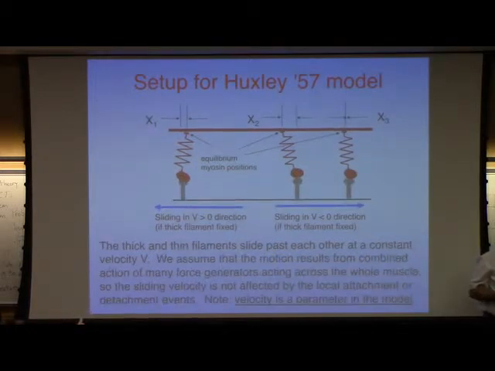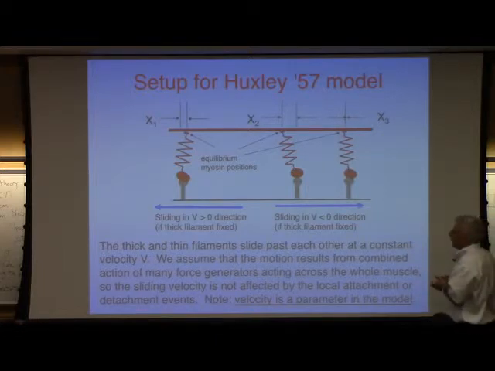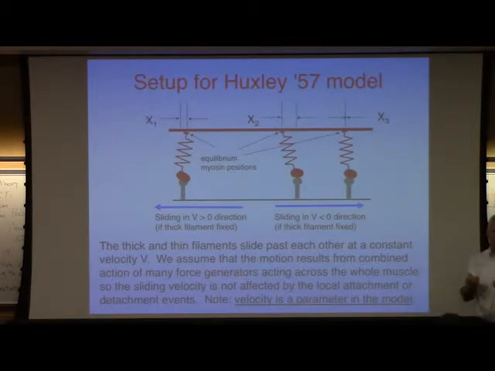So let's go back for a second. This is our model so far that we've developed. Up until this point, is there anything that would make this muscle contract in one direction versus another? We've got myosins that are attaching, they generate force.